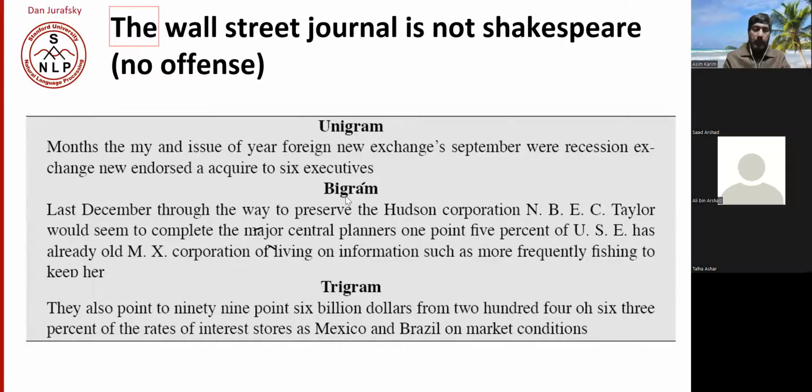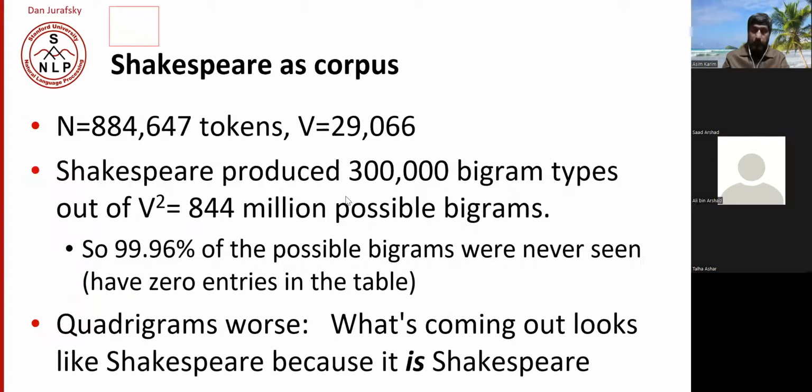And similarly, if you take any other corpus like the Wall Street Journal, it would have its own set of words, and those words would have a different vocabulary, which would not be exactly the same as that for any other data set. So let's say you have trained a language model on the Shakespeare data set, and then you tried to apply it on the Wall Street Journal data set.